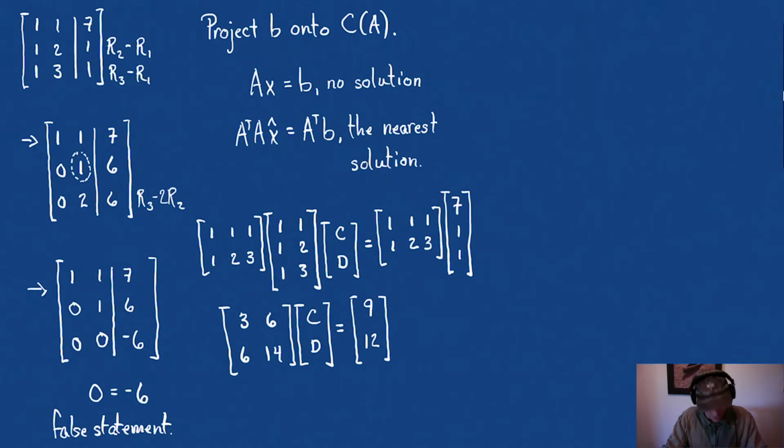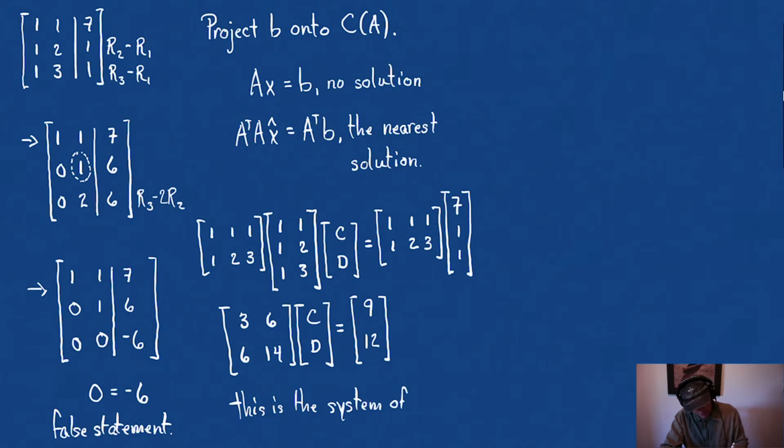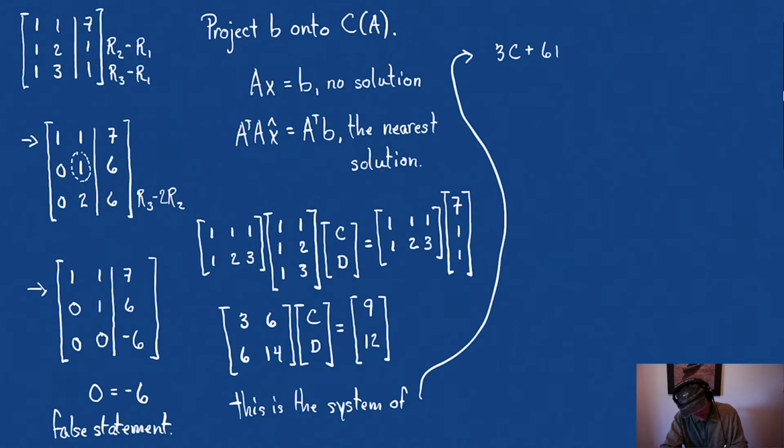Okay, now before I go further, we could solve this. We could start row reducing. But before I do that, I want to remind you of what this equation means. This is really the system of 3c plus 6d equals 9, and 6c plus 14d equals 12.